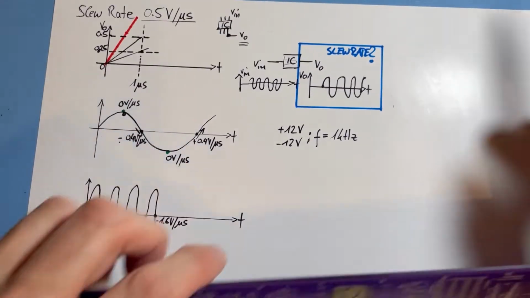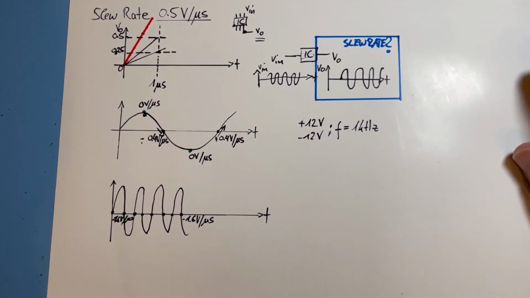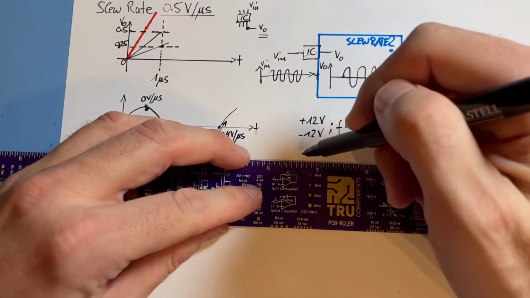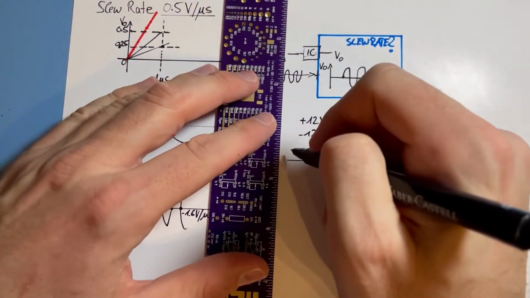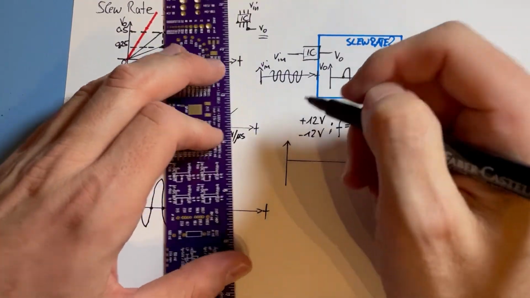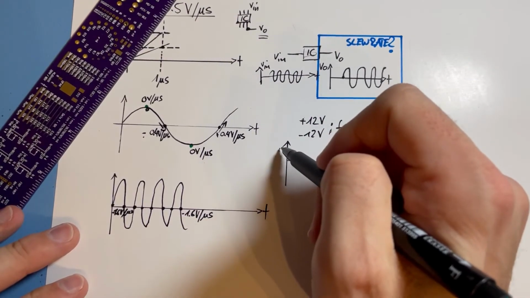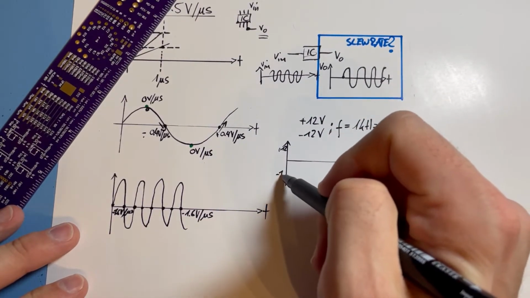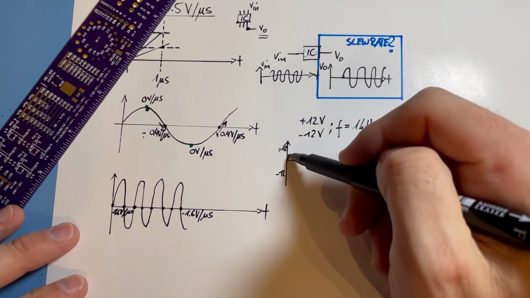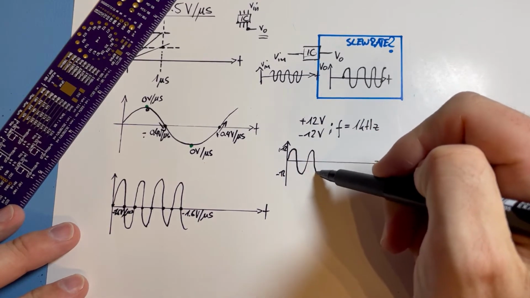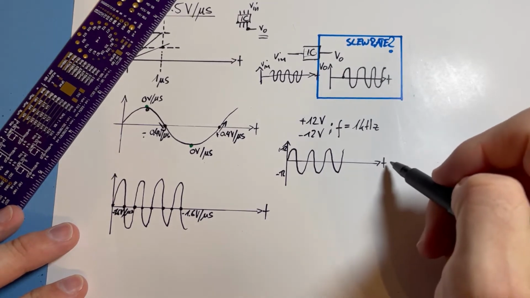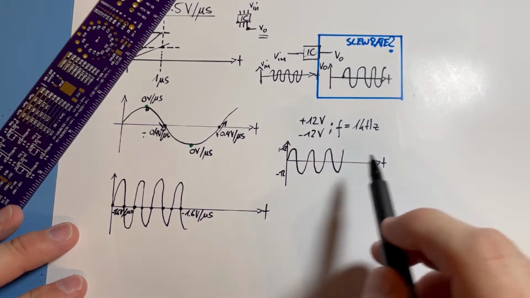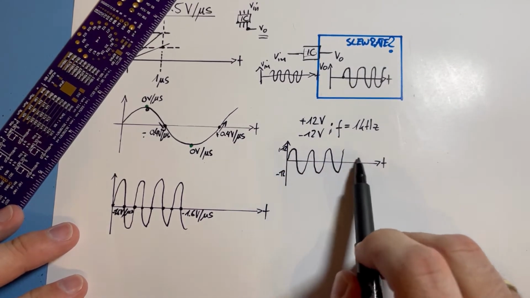So let's draw it, for example. Here plus 12, here minus 12, and then going between plus 12 and minus 12. And just imagine that the units of the time axis are such that this is a kilohertz.